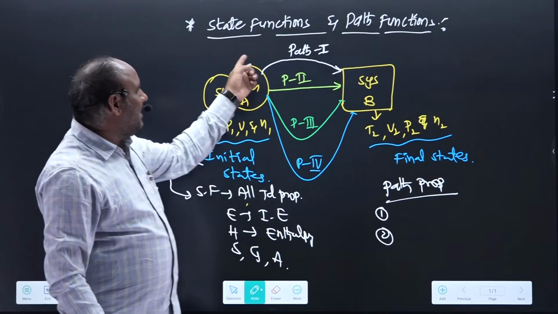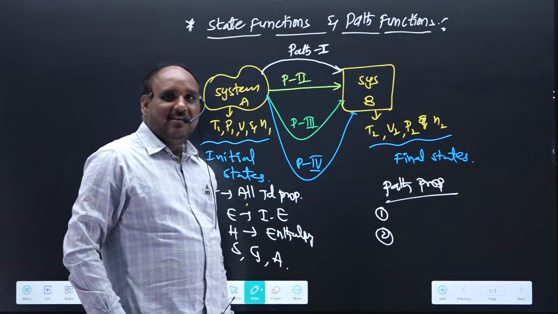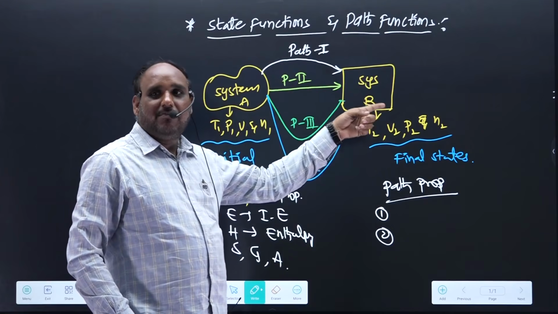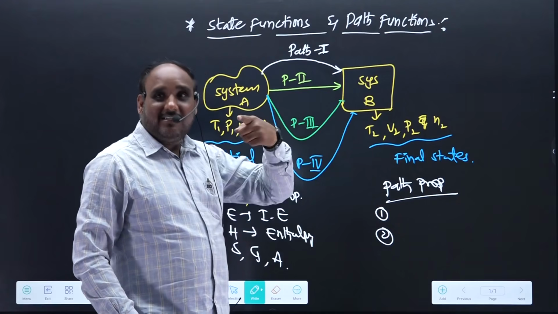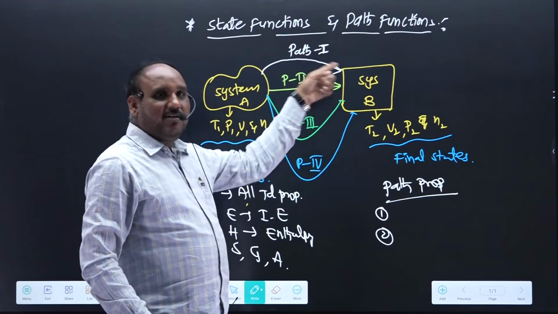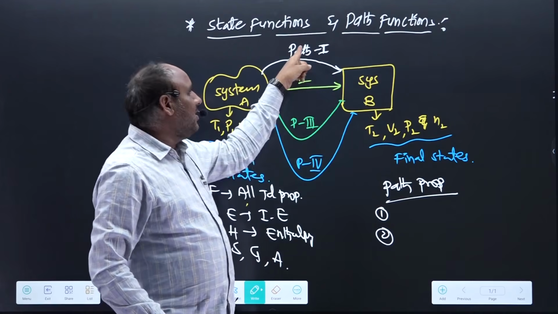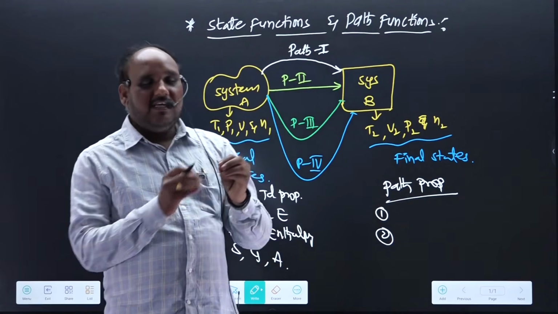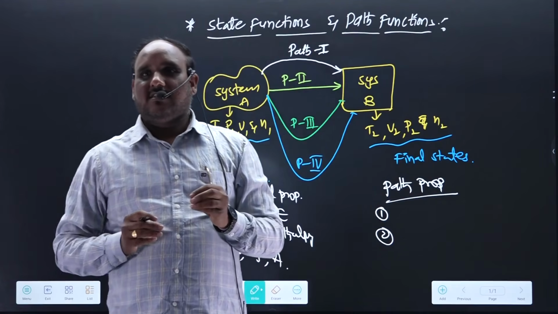I already told you, during that pathway how it will be converted. System A is converted to B. What are the changes? Heat energy changes. Remaining all are changes, or heat energy remains constant during this pathway. For example, system A is converted to system B by liberation of heat energy.